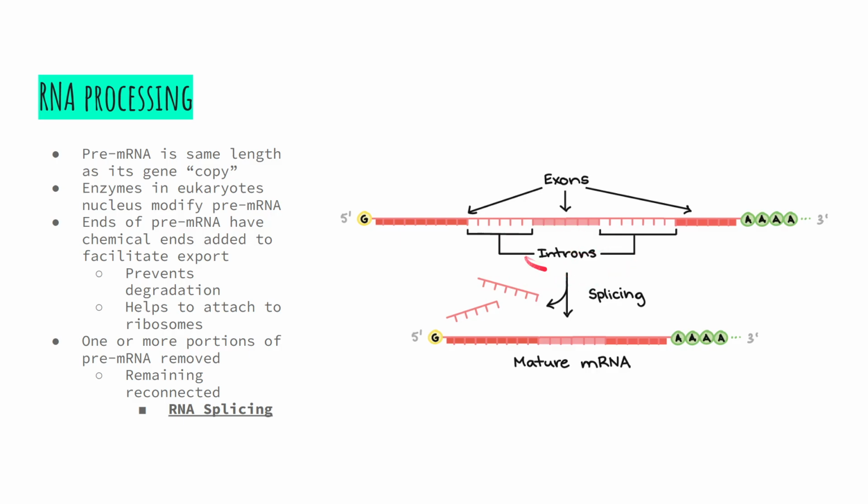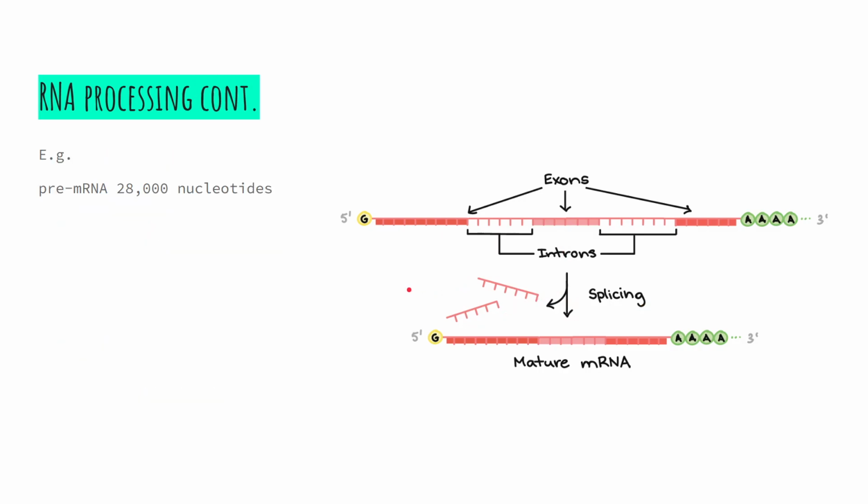From this picture, we can see that something happens, splicing, and what we're left with is the mature mRNA. It must be made up of these exons, because these are the three components that have been attached to our mature mRNA. And what gets taken out is our introns. We don't need them.